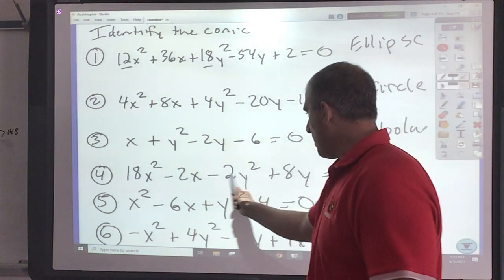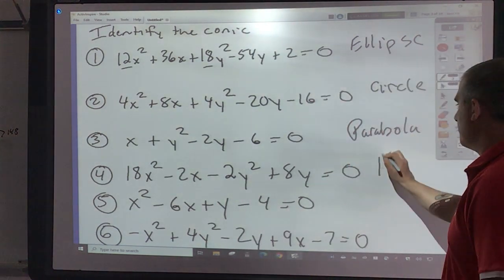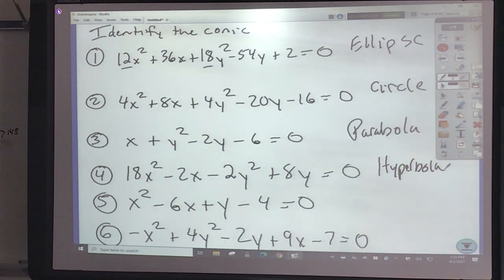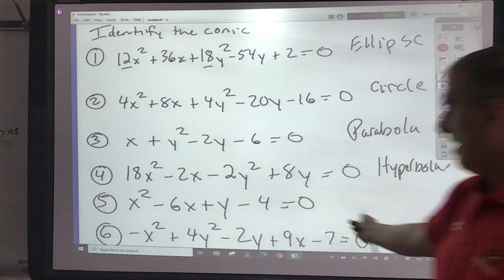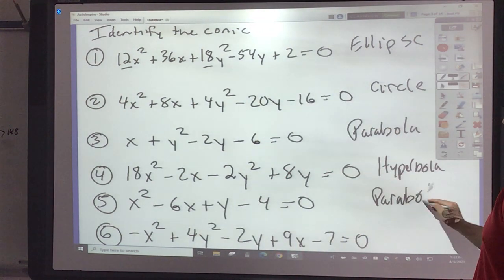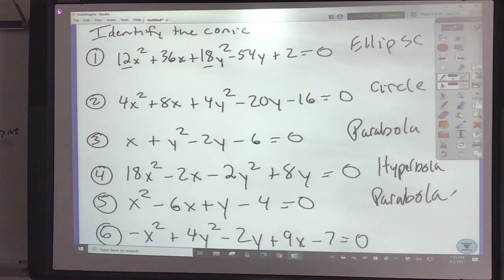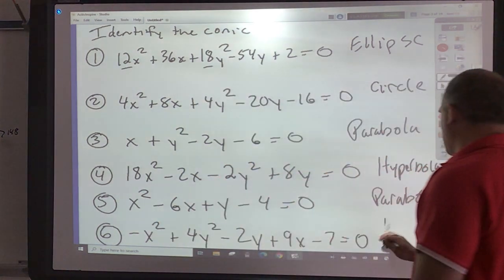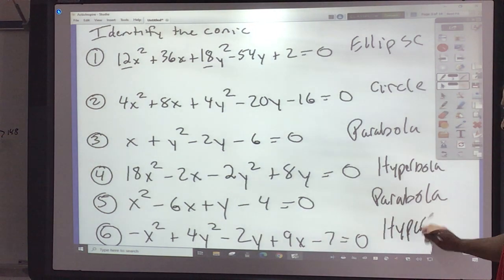Since this y squared is negative, this is going to be a hyperbola. I'll go to this next one. I've got one square term. That makes this a parabola. Here I've got two square terms, so it can't be a parabola, but since x squared is negative, it's a hyperbola.